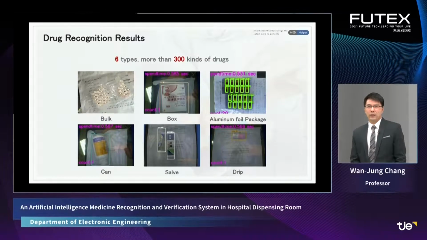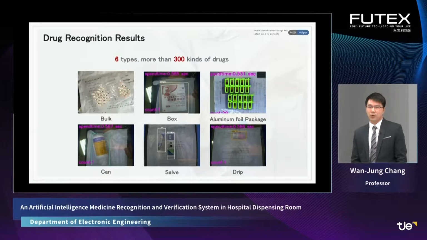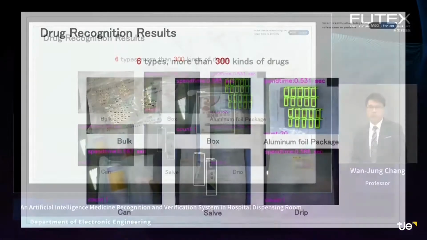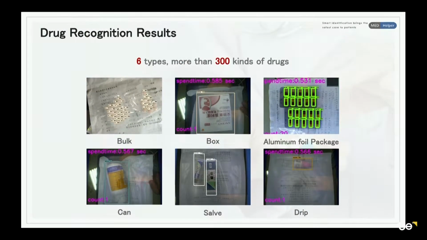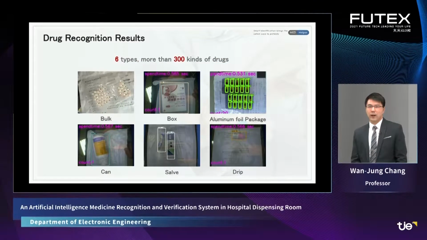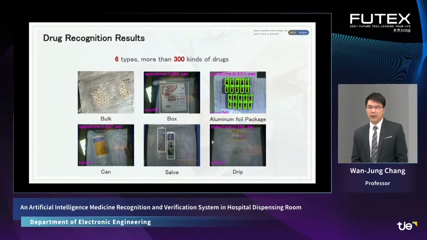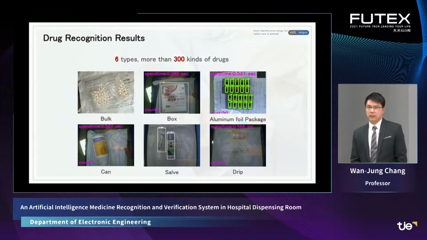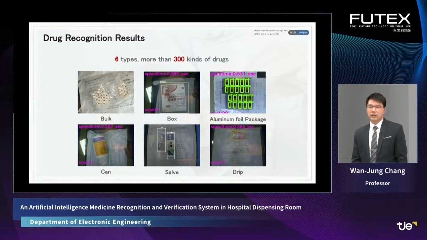Up to now, we have successfully identified 6 package types of drugs, for example, bulk, box, aluminum packet, can, vial, and drip, as well as more than 300 drugs. The response time for the AI drug recognition is around 0.5 seconds, which is less than the time of the current dispensers to identify drugs with their eyes.